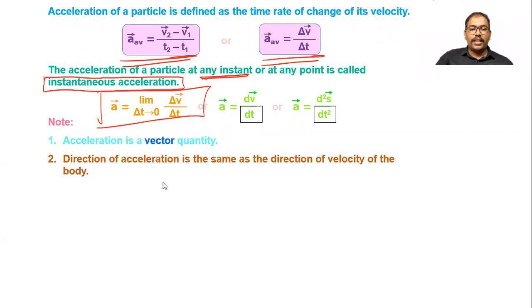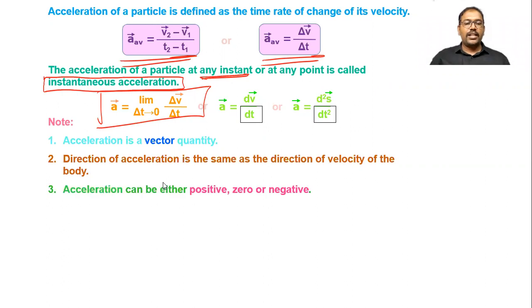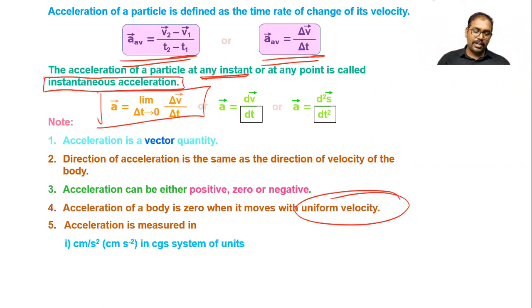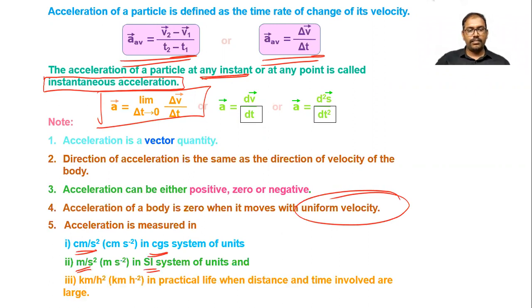The direction of acceleration is the same as the direction of the change in velocity of the body. Acceleration can be positive, negative, or zero. Acceleration of a body is zero when it moves with uniform velocity. Acceleration is measured in centimeter per second squared in CGS and meter per second squared in the SI system. Kilometer per hour squared is also a unit used for acceleration.